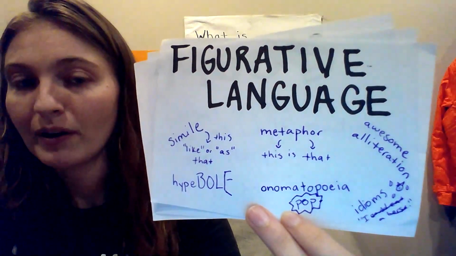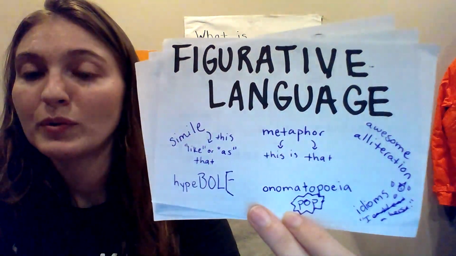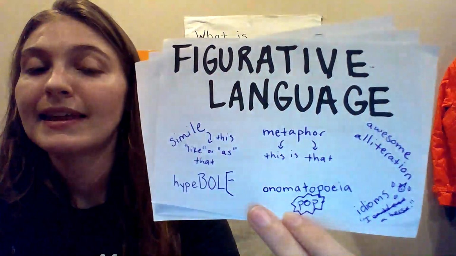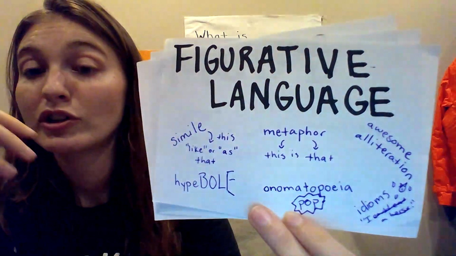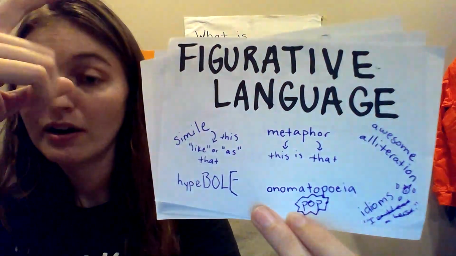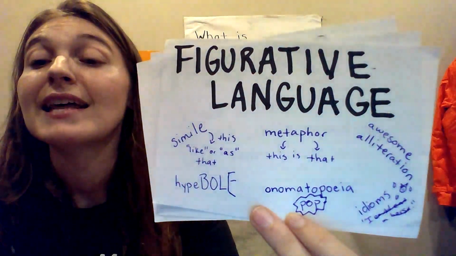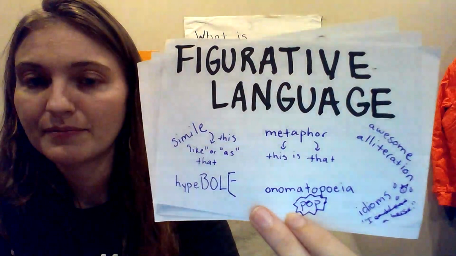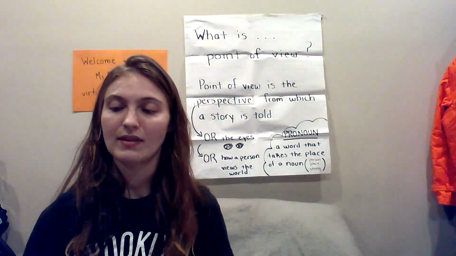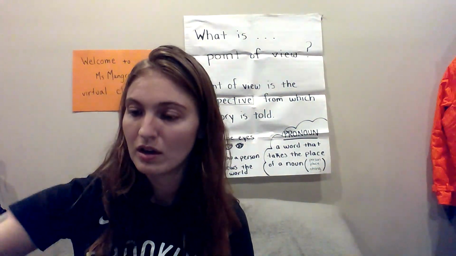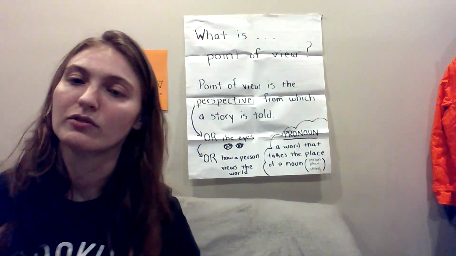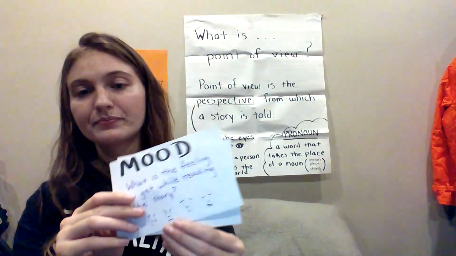And then metaphor is the comparing between two different things by saying this is that. So she is a cheetah, versus simile would say she is like a cheetah. She is so fast. Okay? All right. That's figurative language. And you guys should have a pretty good grasp on that, so I'm not worried about you there.